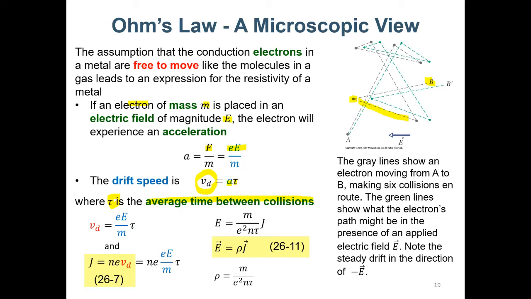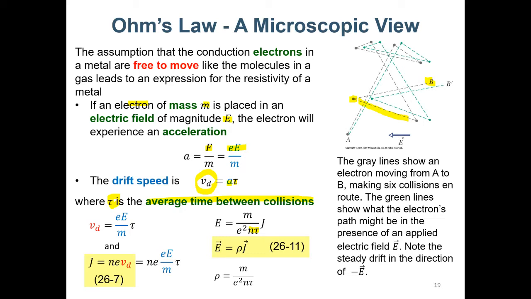So we see that m is a constant, e is a constant, n is also constant maybe, and tau we are also assuming to be a constant. So this whole factor should be a constant. Given a fixed temperature, we assume these two to be constant.